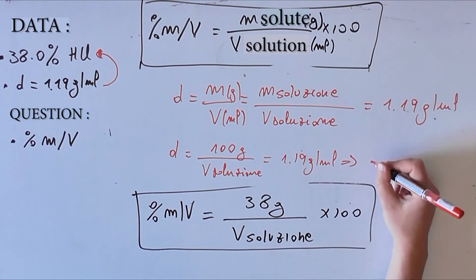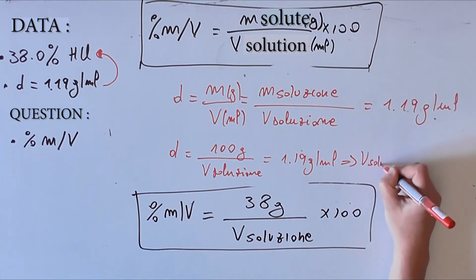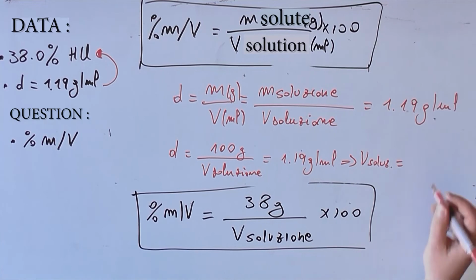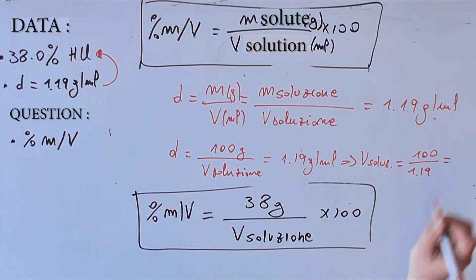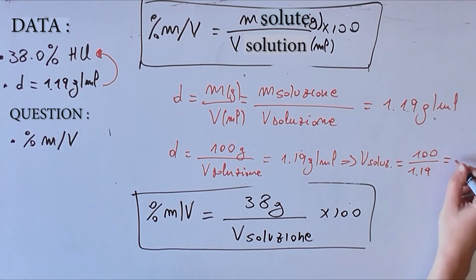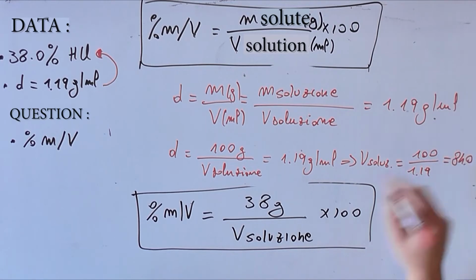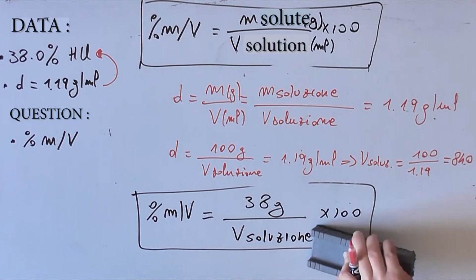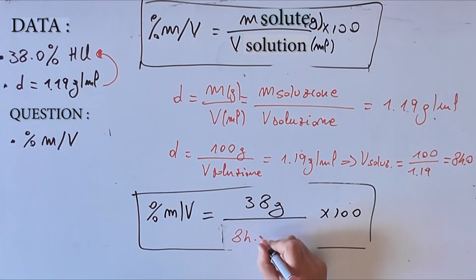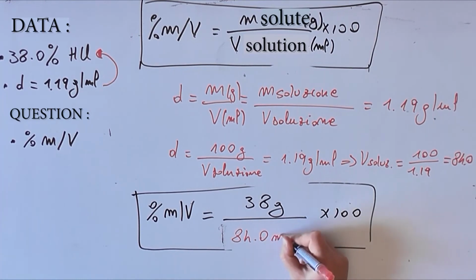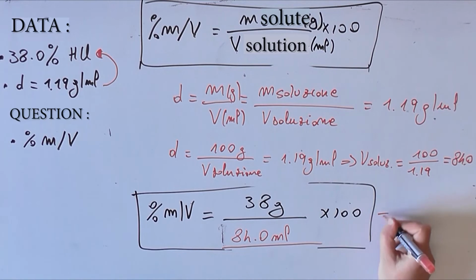This entails that the volume of solution is equal to 100 grams divided by 1.19, and it is equal to 84 milliliters. Maybe it's not visible, but we are going to write it here because it's the missing data. So we write 84 milliliters here, and this was the only datum we lacked.